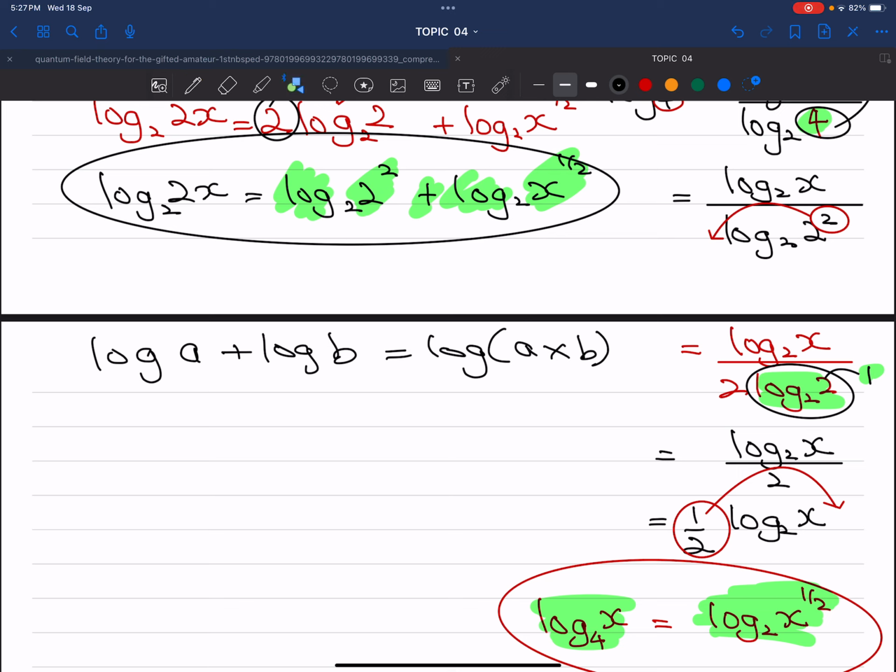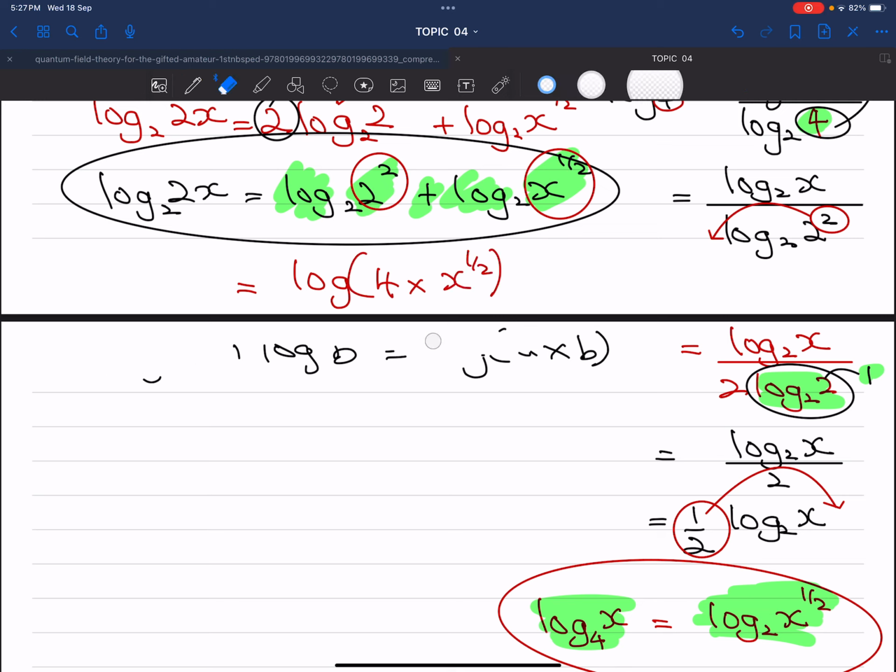Now this becomes the A, this becomes the B. So on the right hand side, it will become log the A, 2 power 2, which is already 4, times B, which is x power half. I'm going to put this in brackets.